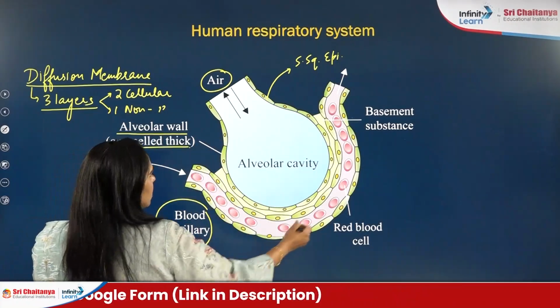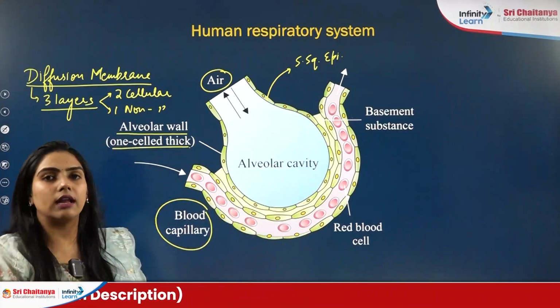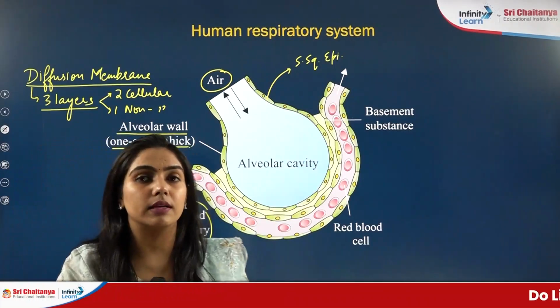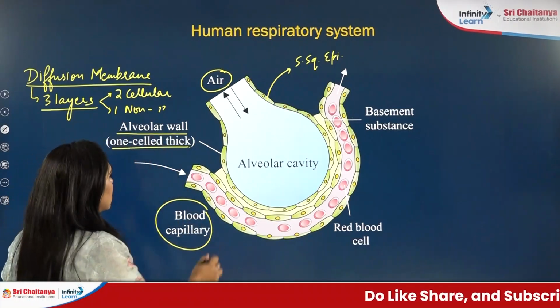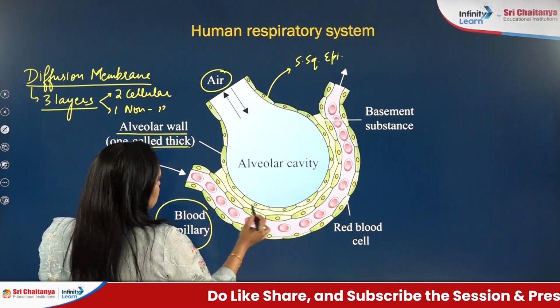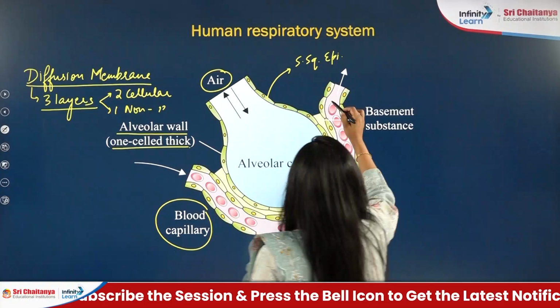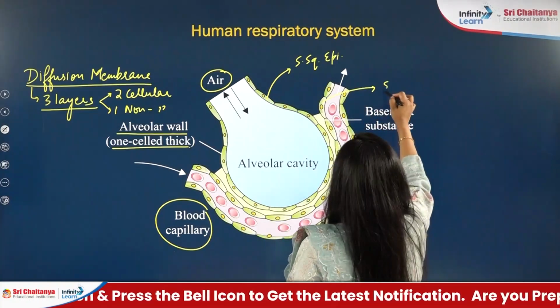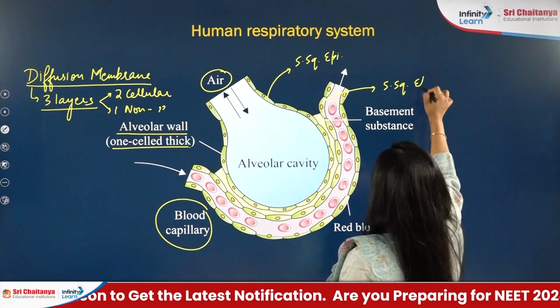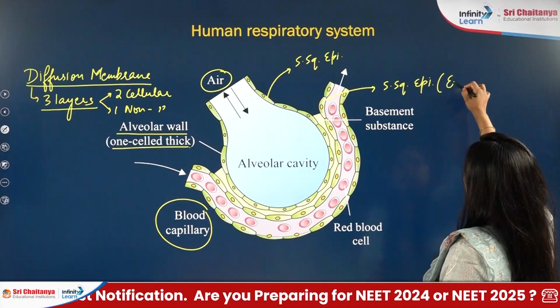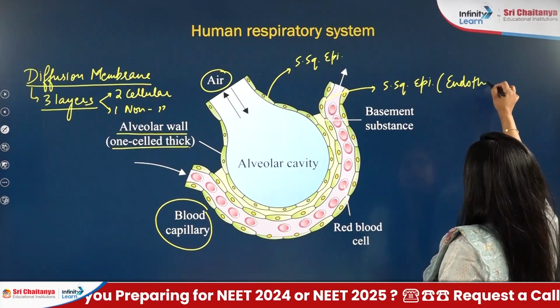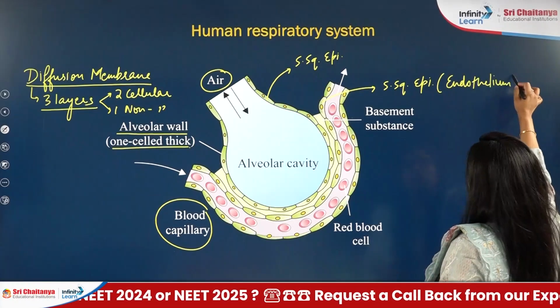I have told you that around the alveoli so many blood capillaries will be there. They are highly vascularized. So in the blood capillary also you can see this endothelium. This is the endothelium of the blood capillary. This is also simple squamous epithelium. We can also call it endothelium. These two layers are the cellular layers.